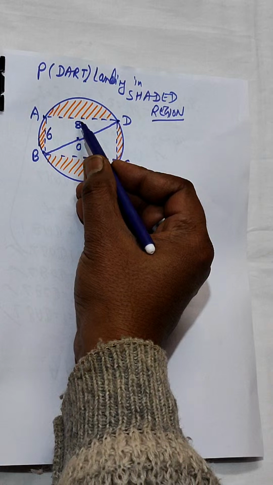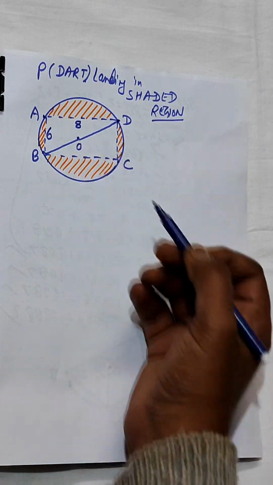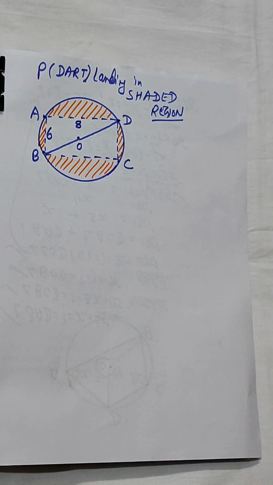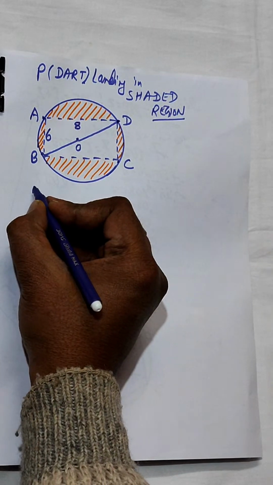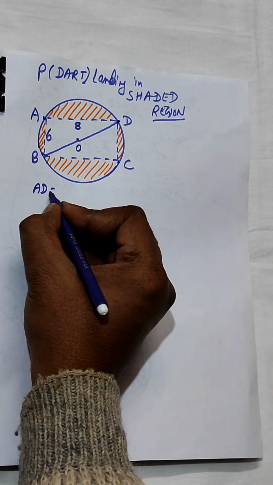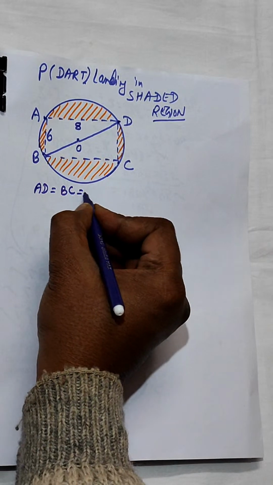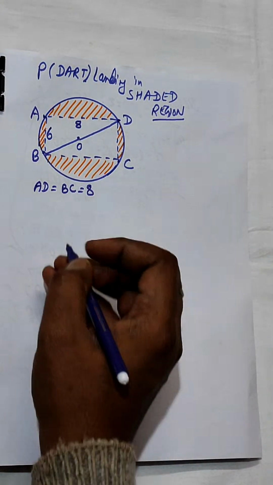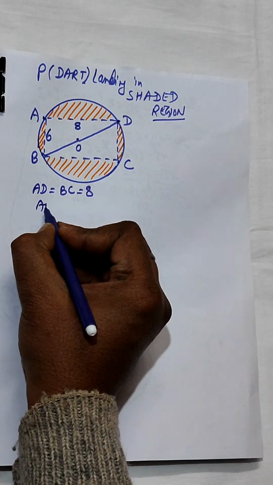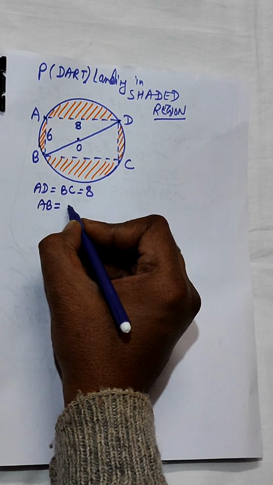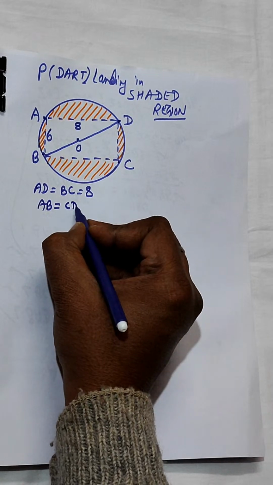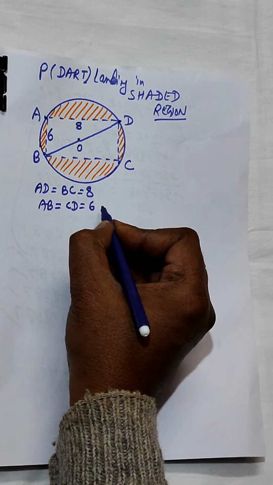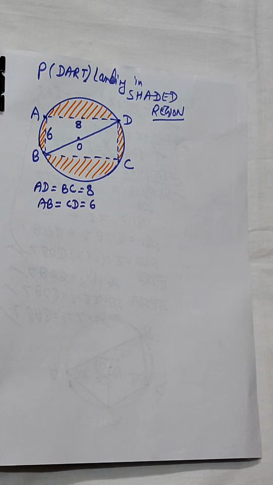If this is 8, this is 6, that means we can say that length of AD equal to BC equal to 8 centimeter is given, and AB is equal to CD equal to 6, it's given, right?